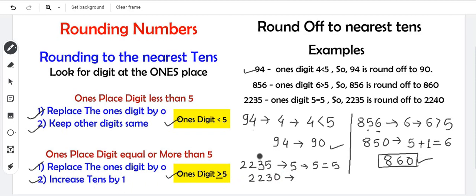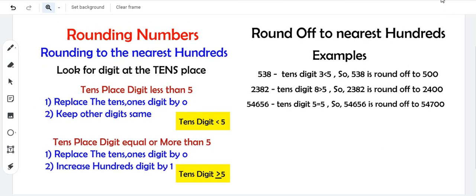The tens digit is 3, so 3 plus 1 is equal to 4, and the number is 2240. Is that clear? So 2235 is rounded off to 2240. Is that clear? So let's come to the next one.